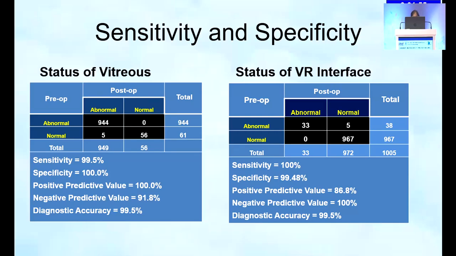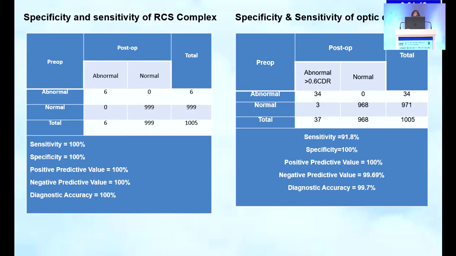Status of VR interface: sensitivity is 100%, specificity is 99.48%, positive predictive value 86.8%, negative predictive value 100%, with diagnostic accuracy 99.5%. Sensitivity and specificity of RCS complex is 100%, positive and negative predictive values are 100%, with diagnostic accuracy 100%.